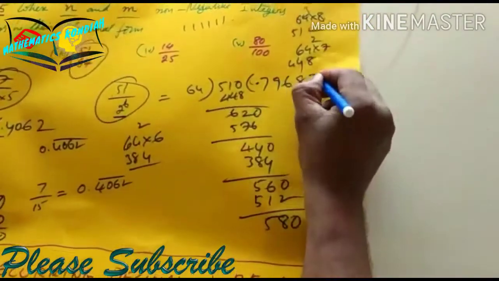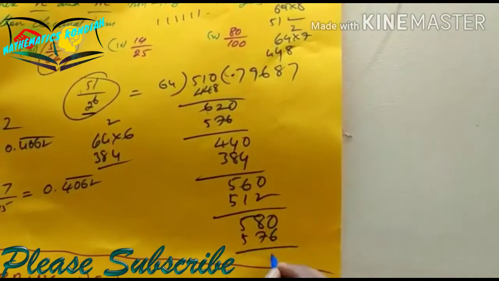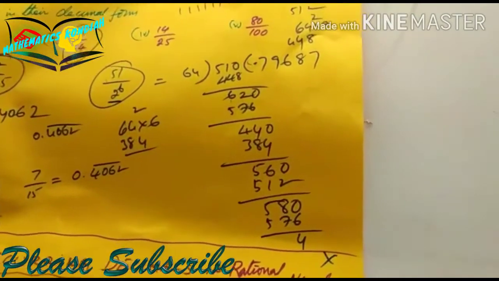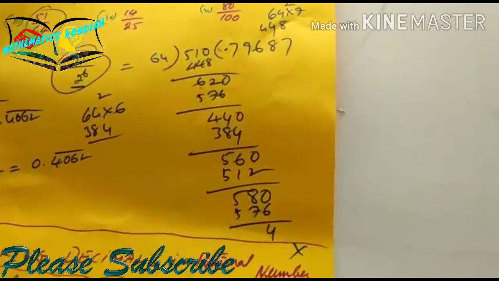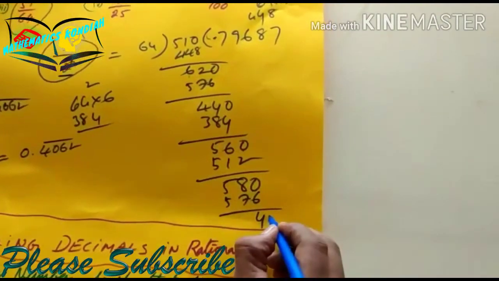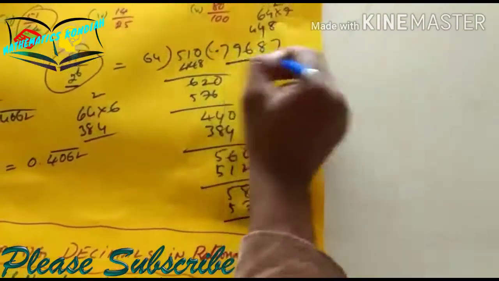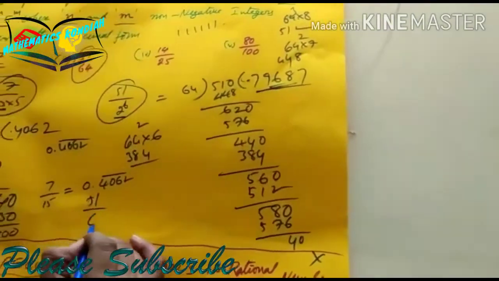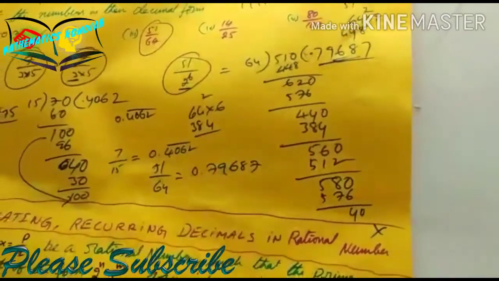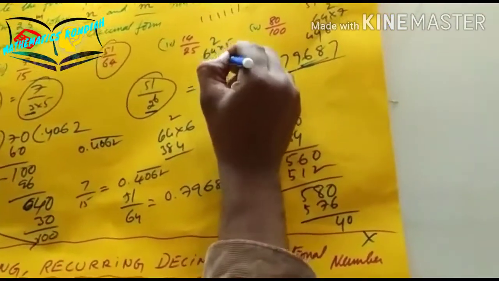At the same time 64 7s are 756, and so on. Therefore 51 by 64 is equal to 0.796875.